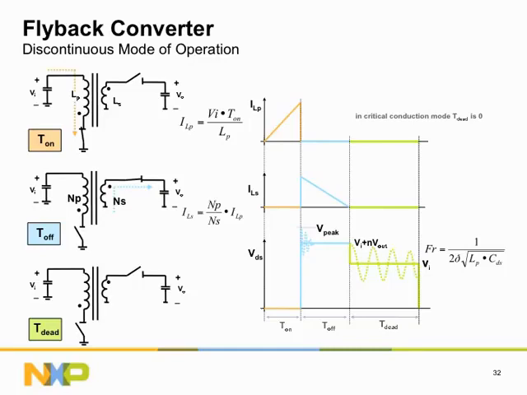The damped voltage oscillation, or ringing as we usually call it, at the beginning of the secondary stroke is caused by the leakage inductance of the transformer. The ringing will cause the maximum voltage across the primary switch to rise above VI plus N V out. The higher the leakage inductance, the higher the peak voltage, shown as V peak in the graph, will be. When selecting a primary switch, the voltage rating must be such that it can easily withstand this V peak voltage.